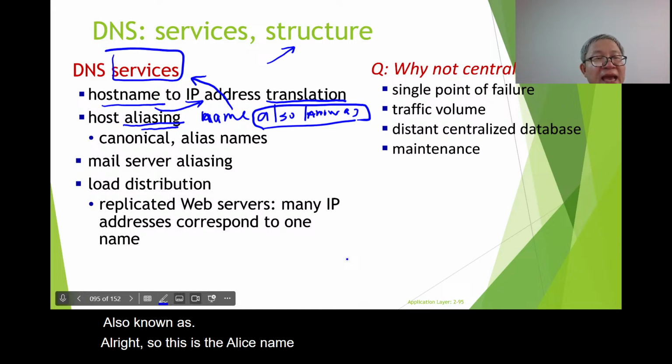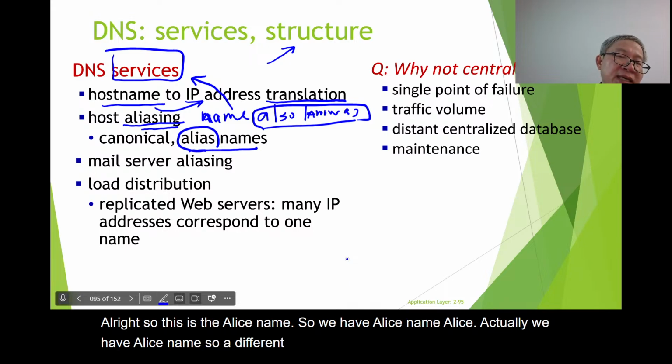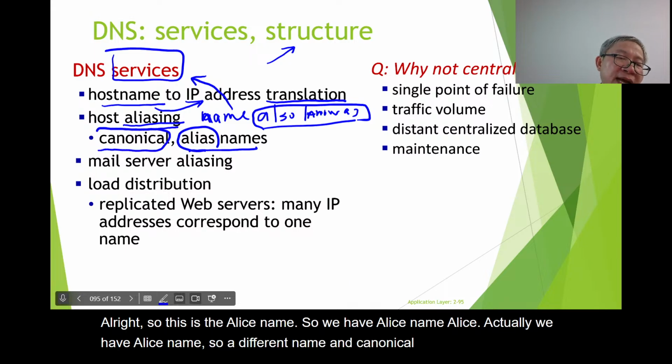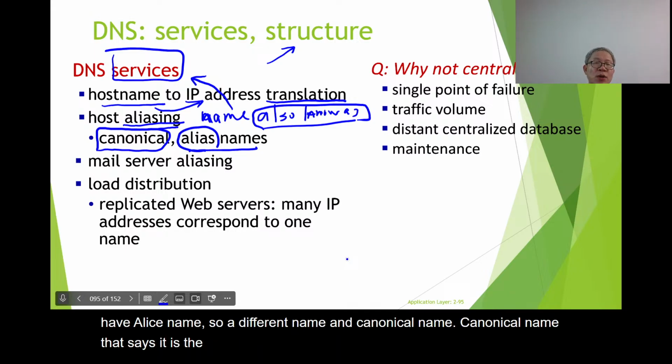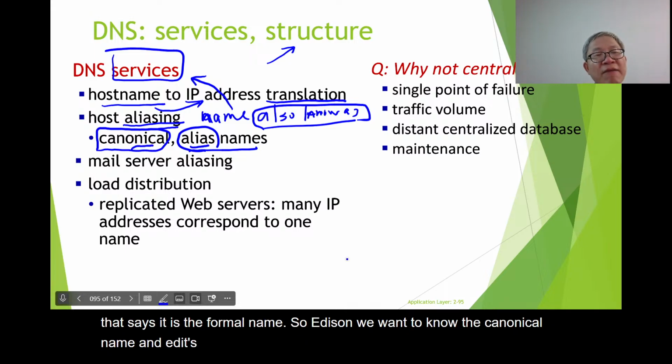So we have host aliasing. With aliasing we have an alias name, so a different name, and a canonical name, that says it is the formal name. We want to know the canonical name and the alias name. So we have two possible names.